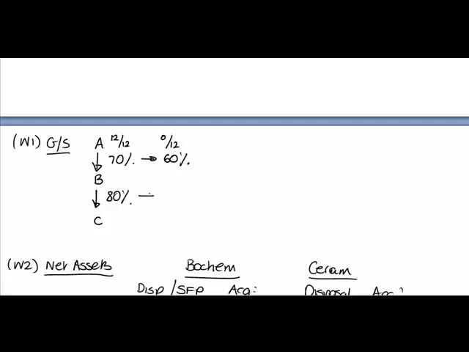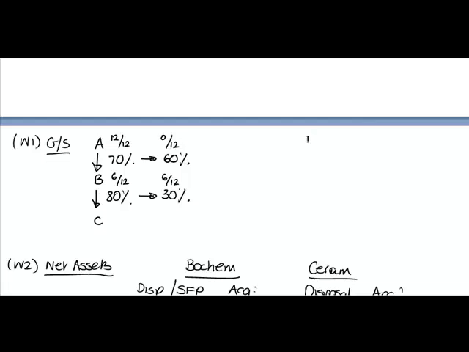that Bochum sold shares in Ceram. It sold 50%. So we went from having 80% to 30% for 6 months of the year, like so.